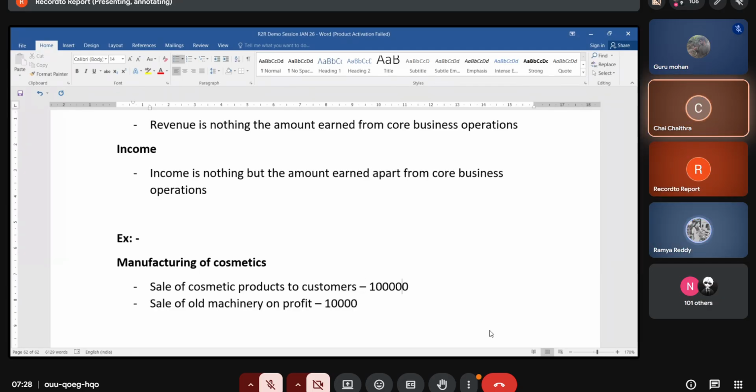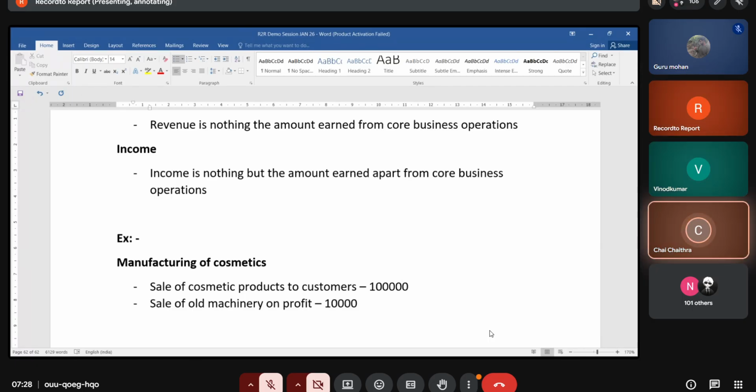Sale of cosmetic products to customers is revenue. And sale of old machinery at a profit is income. Exactly. Sale of cosmetics is revenue because the company's business is manufacturing cosmetics and selling to customers.